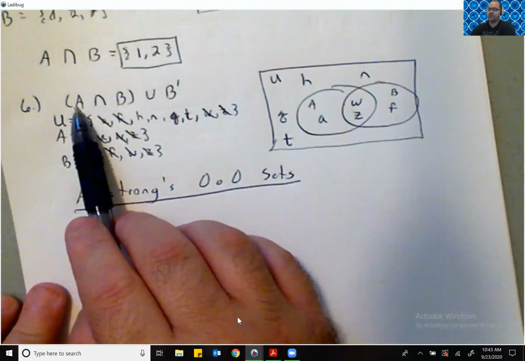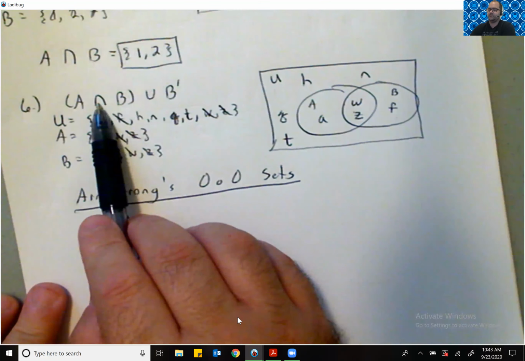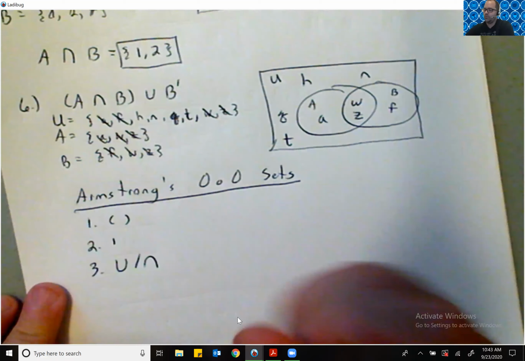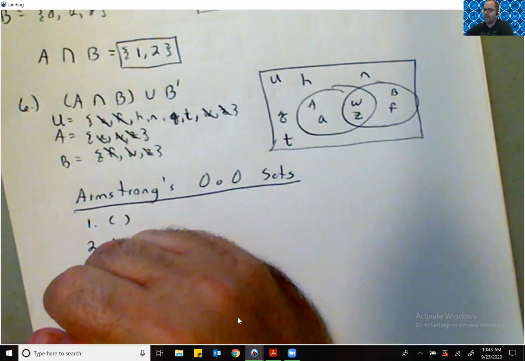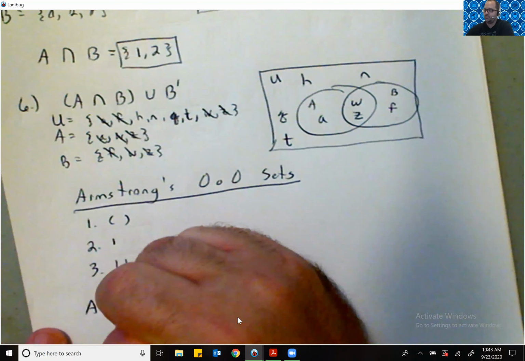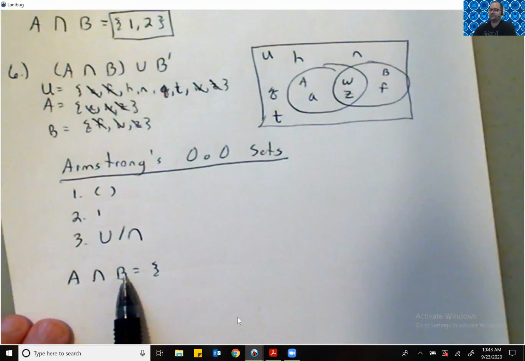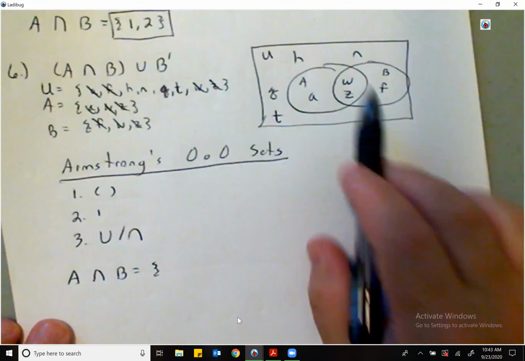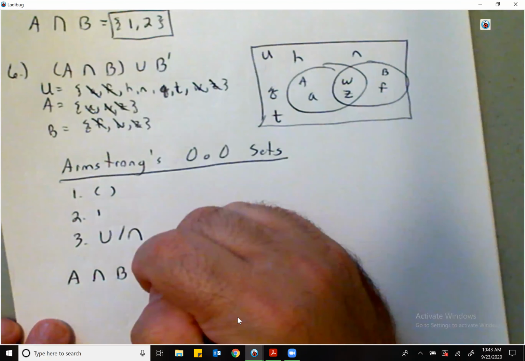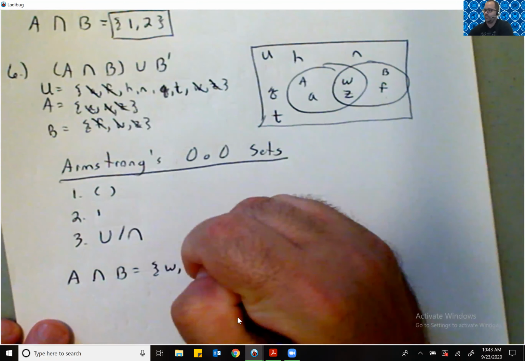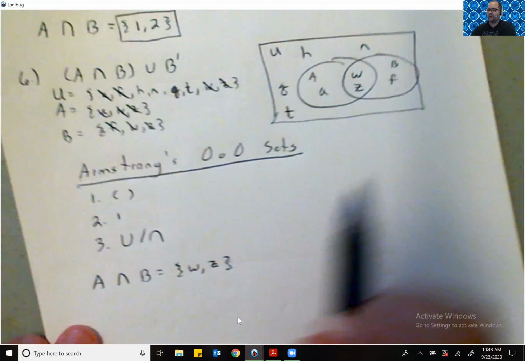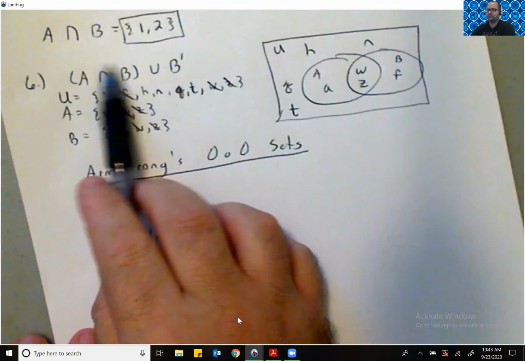What is the symbol in here? Intersection. So we want to know what is A intersect B. And I believe you just gave me that answer a second ago. So what is A intersect B? W, Z. Okay. And that right there takes care of my parenthesis.